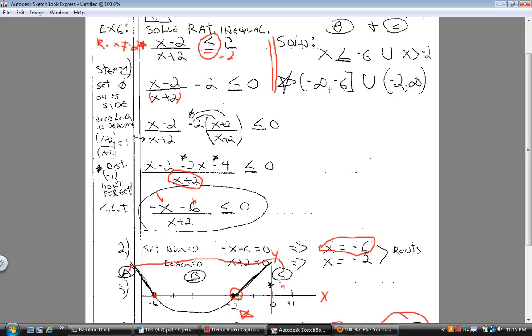The C interval starts at -2, but we cannot include it because it makes the denominator 0, and it goes on toward infinity, so x is greater than -2. You do not put the equal sign with that inequality because of the restriction, and your set notation looks like this down below. You've got two components to it: interval A and interval C that we just talked about, and this is what you'll be putting in MyMathLab.